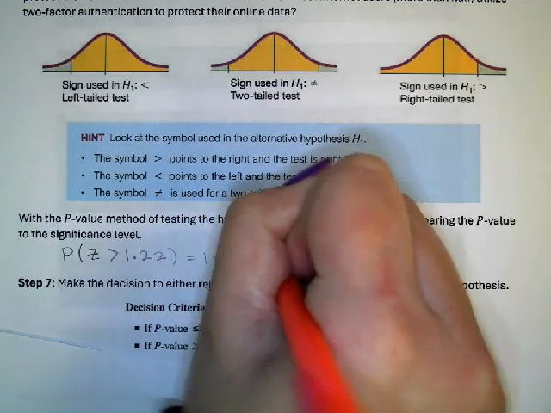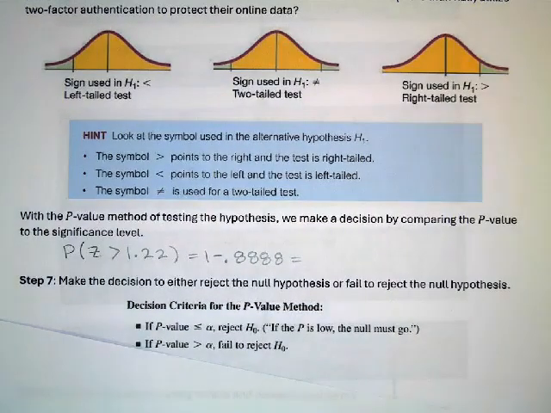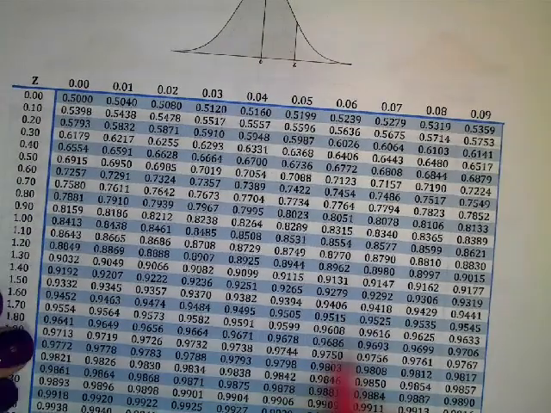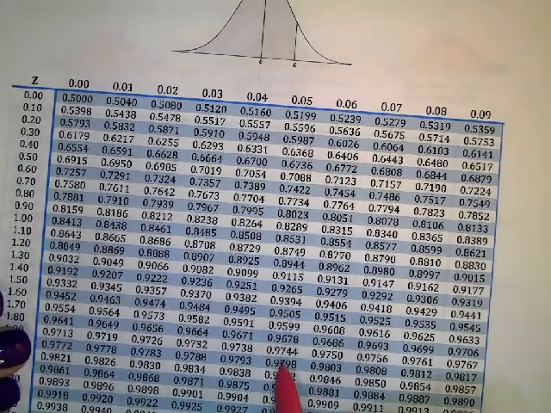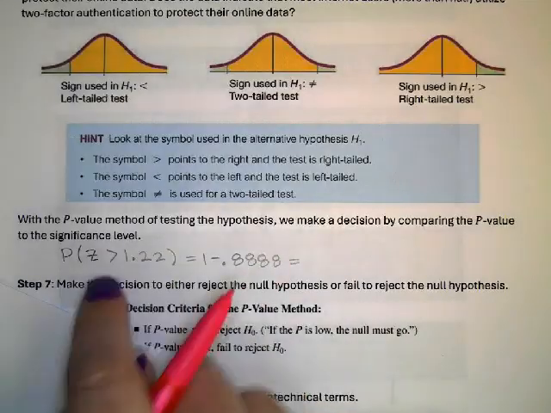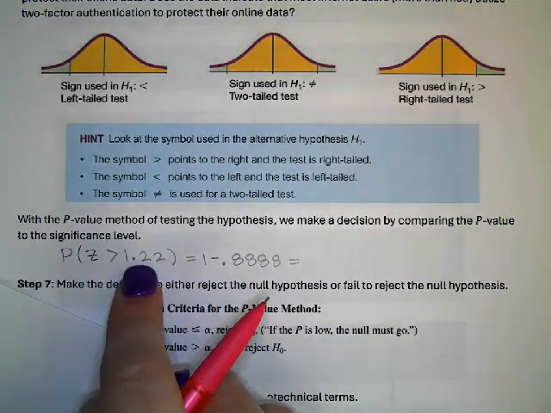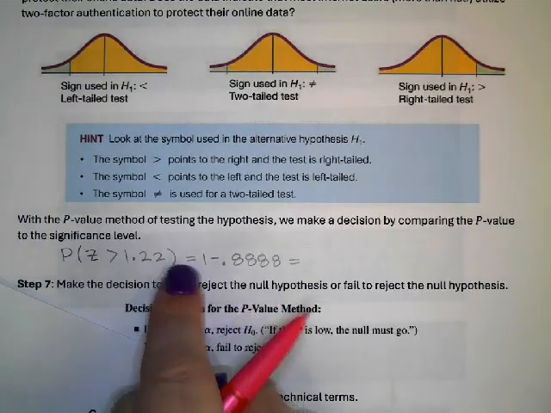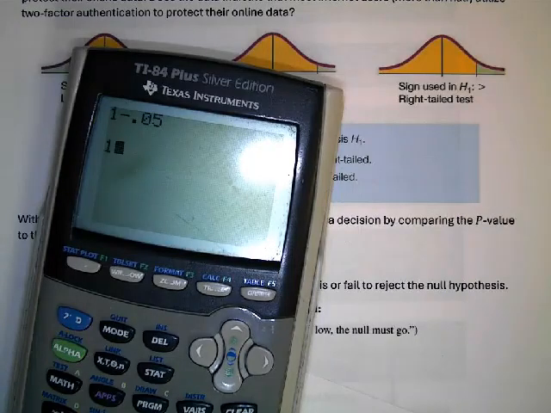By default, the probability that I would have found on this table would have been the probability that z is less than 1.22. And I wanted the probability that z is greater than 1.22, so I have to find the complement. So 1 minus 0.8888 is 0.1112.